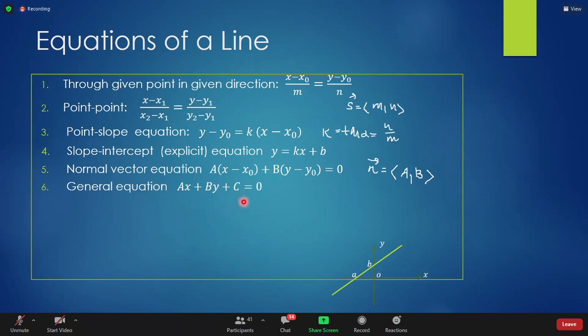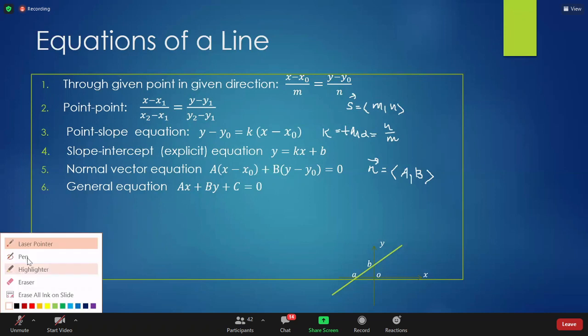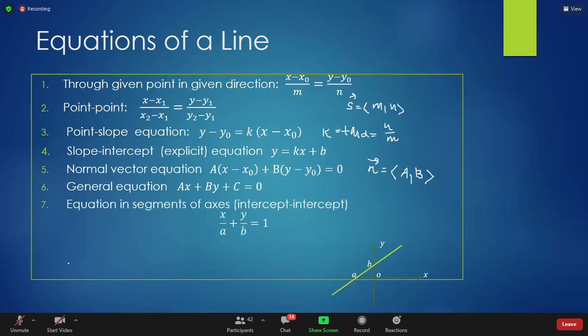And finally, the last equation, the seventh equation of a line, that would be the intercept equation, or equation in the segments of axis. I have placed the axes in not a very efficient way, so I will redraw the axes with white so that you see what is going on.